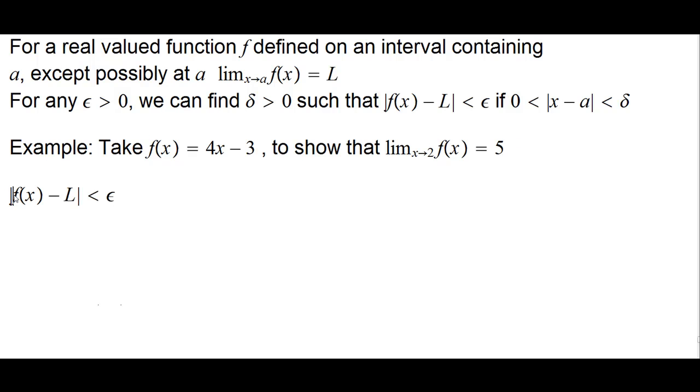So f(x) is 4x minus 3, and our L is 5. We have to see how close x has to be to 2 so that this statement is satisfied.